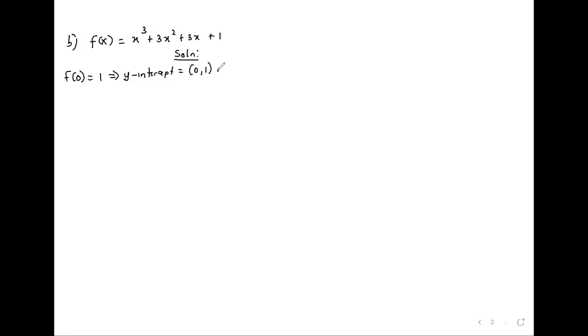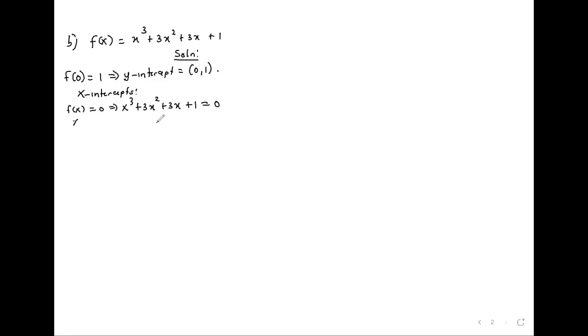Second, we find the x-intercept by equating f to 0. So f of x is equal to 0: x cubed plus 3x squared plus 3x plus 1 is equal to 0. This is a polynomial, so you look for a factor.